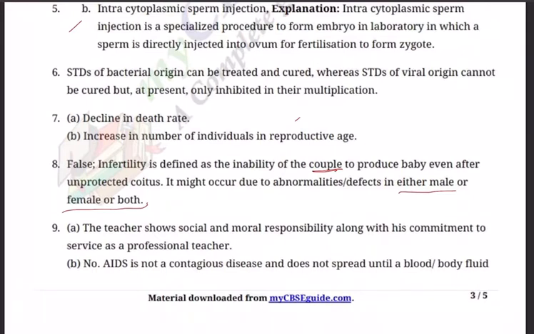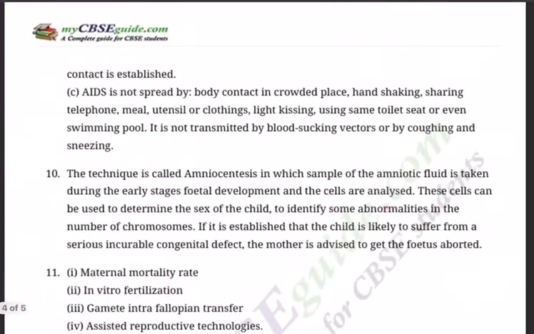Question number 9. The case study, I said case study, one paragraph will be there, below that questions will be there. So here the biology teacher shows social and moral responsibility along with his commitment to service as professional teacher. And B, no, AIDS is not contagious disease and does not spread until a blood or body fluid contact is established.